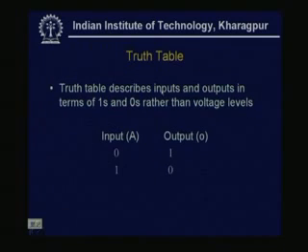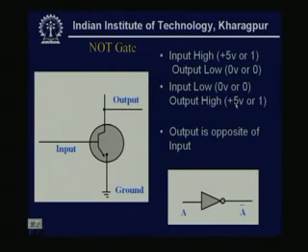Another thing is the truth table. The truth table describes inputs and outputs in terms of ones and zeros rather than voltage levels. Just now what we have seen, for the input I have given a 5 volt power supply. So this is my voltage level, either plus 5 volt or 0 volt.